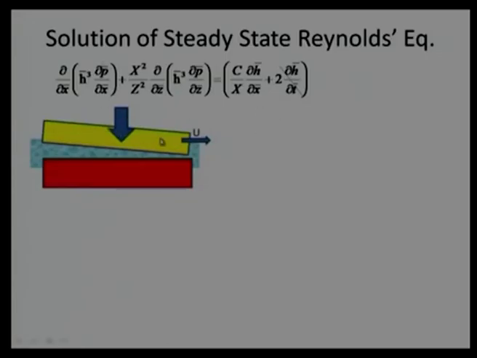Load is applied, the velocity of the yellow plate along the x direction is the u velocity, and the other plate is stationary, and the relative film thickness between these two plates at any x position remains fixed and is not going to change with time. However, this is a crude assumption. We know very well that because of the transient condition some change will occur, but that may not be much problematic.